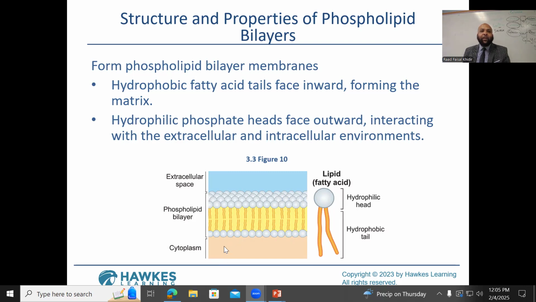On the bottom you're facing the aqueous cytoplasm. The cytoplasm is an aqueous colloid.